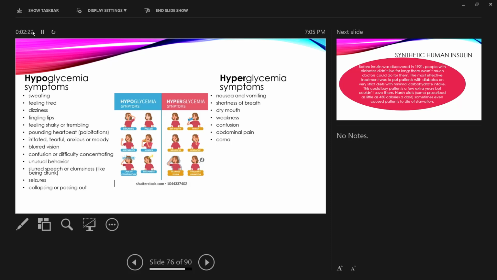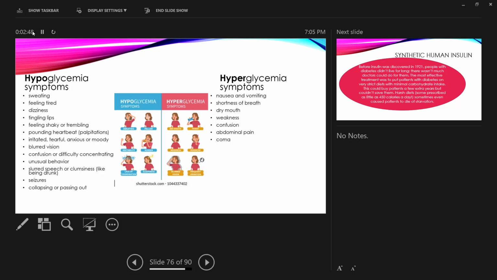Early signs include sweating, feeling tired, dizziness, tingling lips, feeling shaky or trembling, palpitations, which we learned means a fast or pounding heartbeat, and the infamous hangry, so becoming easily irritated, tearful, anxious, or moody.